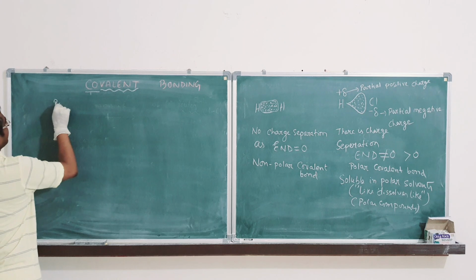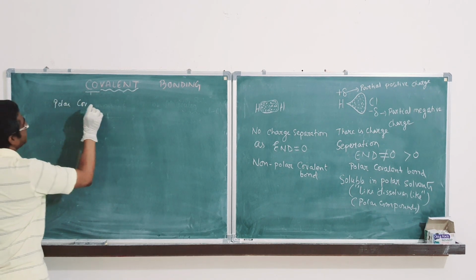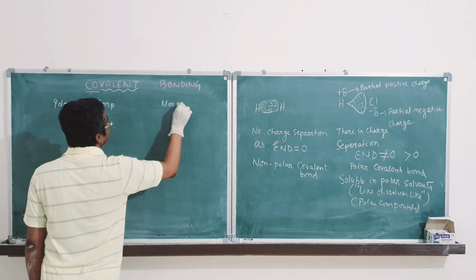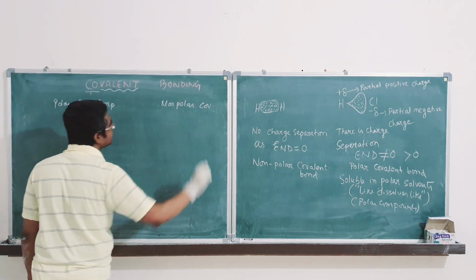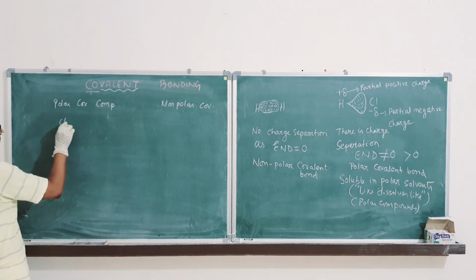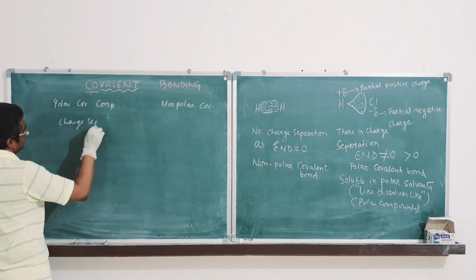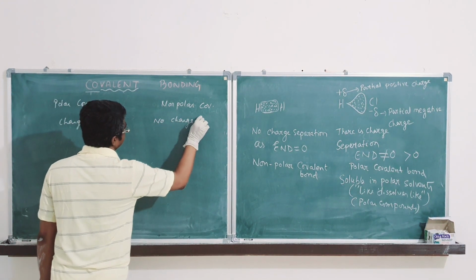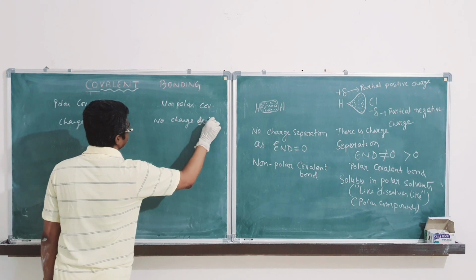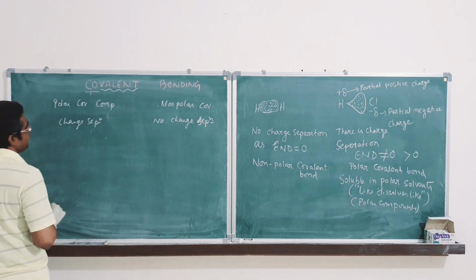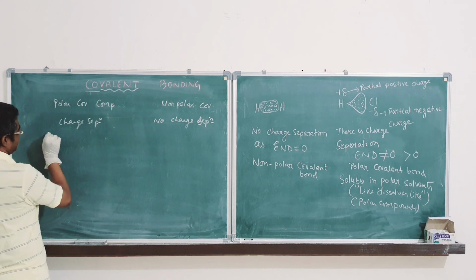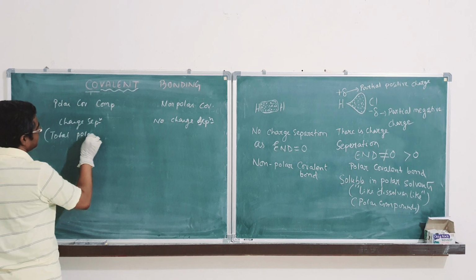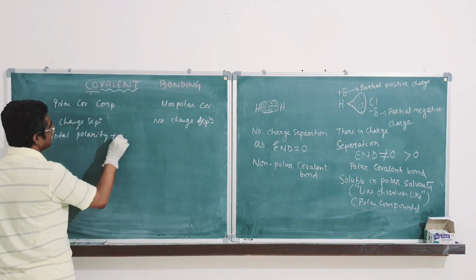So I'll write them again, no worries. Here we will write polar covalent compound, and here non-polar covalent compound. Write it again यार, जितना लिखोगे उतना प्रैक्टिस. अच्छा, polar covalent compound में charge separation होता है, no charge separation. ठीक है, but this is basically in case of bond. So what you write, total polarity is not equal to 0.